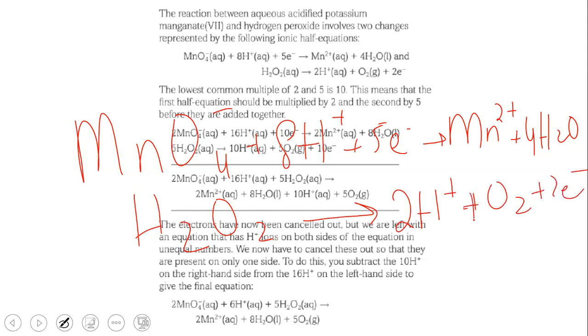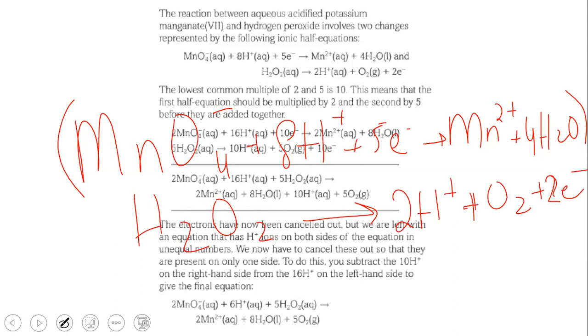Now we have to go ahead and balance it. Zoya, what can we do over here to balance the total number of electrons? See the number of electrons we have at the top equation and at the bottom equation. We can leave the first one as it is and multiply the second one by 4.